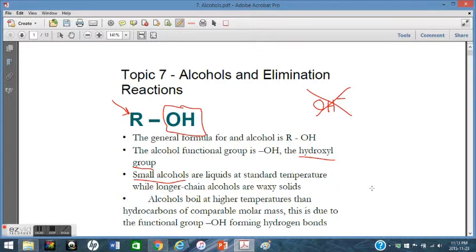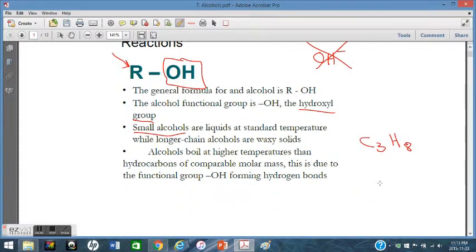And so if we had something like C3H8, and we compared that to something like C2H5OH.